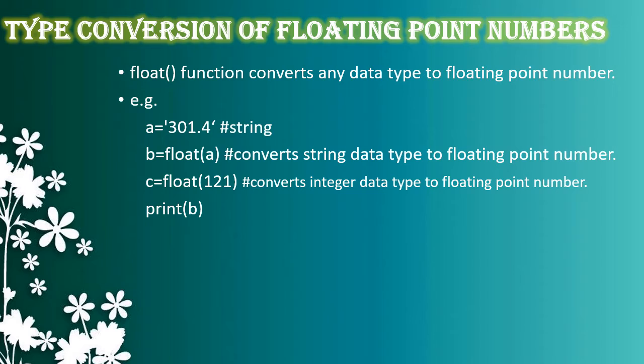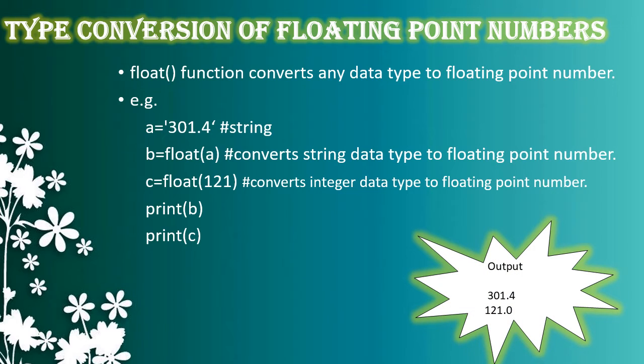And next is c equal to float of 121, where 121 is an integer value, so it is converted and assigned to the variable c. Now you can see b and c will be changed into float numbers. So the integer 121 changes into float 121.0.